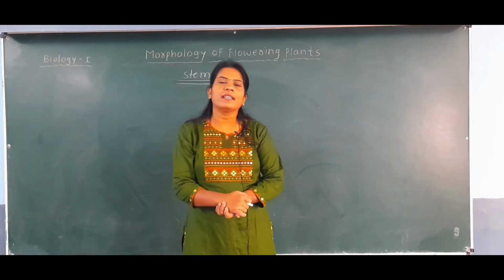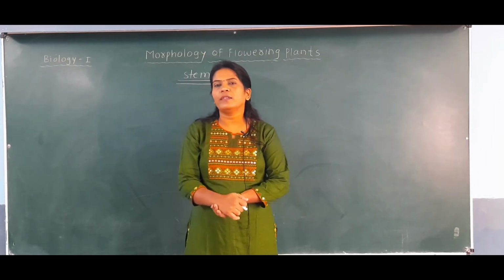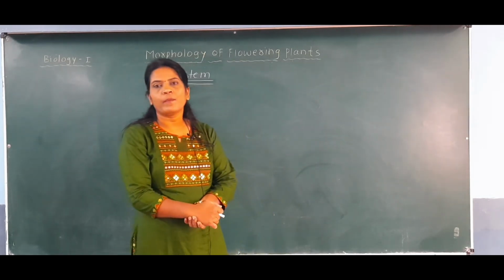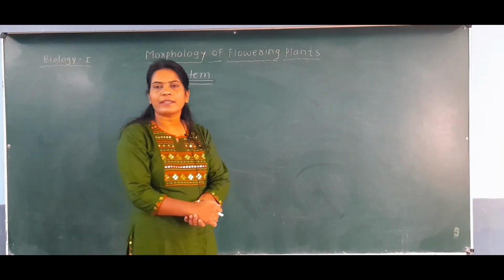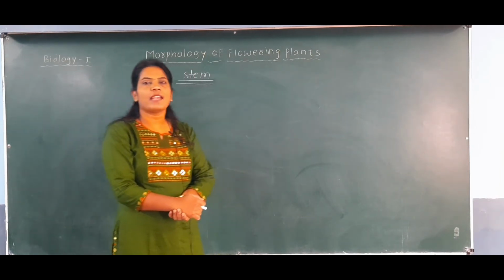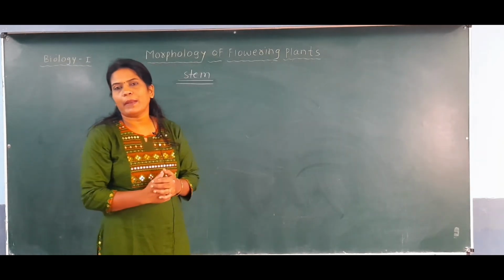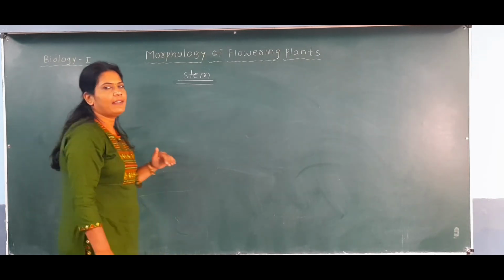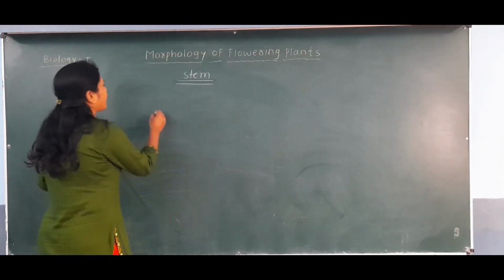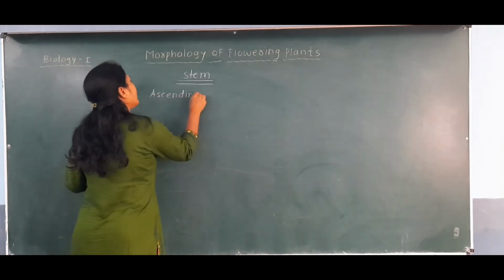Here we will discuss only the definition of the stem. As we have seen, the root is the descending part of the plant body, and the stem is defined as the ascending part of the plant body.